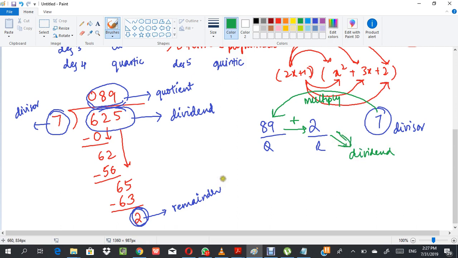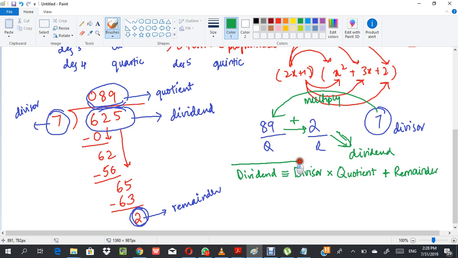This brings us to something called the universal division identity. That means for any division sum in the world, be it an arithmetic division, be it a division of polynomials or whatever, these 4 things are going to exist in any division sum, and we can sum this up as: dividend is obtained when we multiply the divisor and the quotient, followed by adding the remainder.